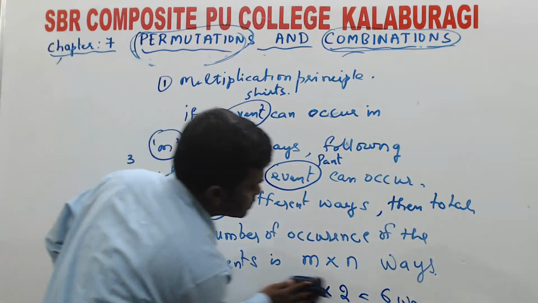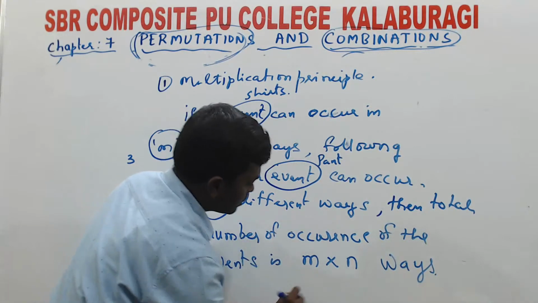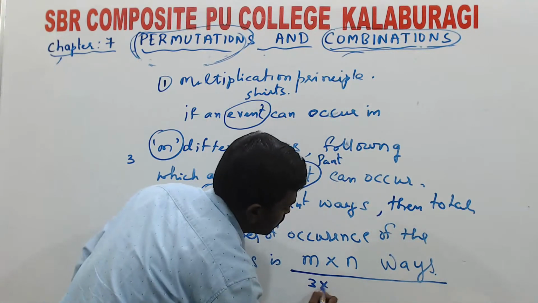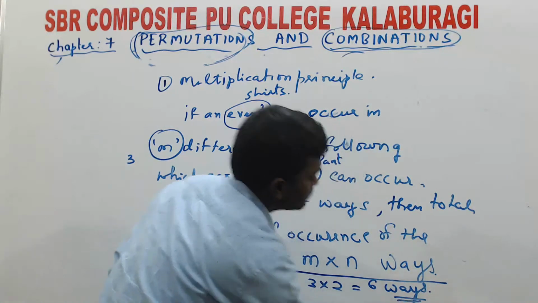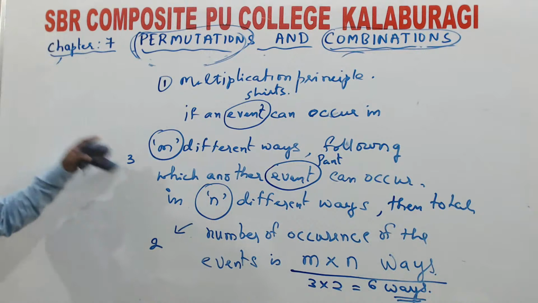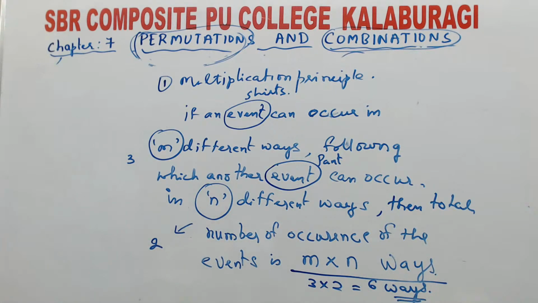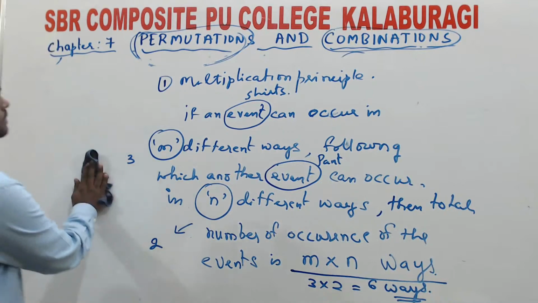So let me write this above. The numerals I am writing are regarding the example. So this is our multiplication principle. Now next we shall write the addition principle.